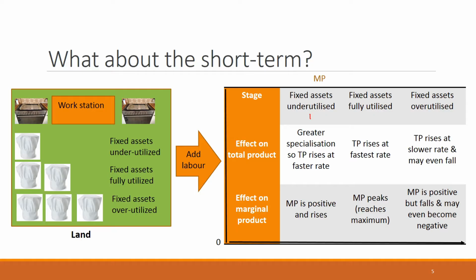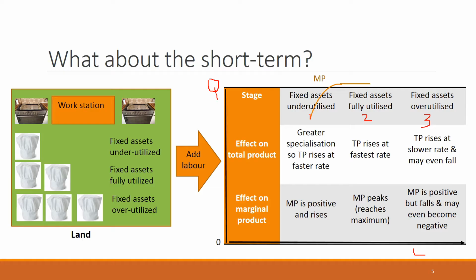So we're going to move from stage 1 to stage 2 to stage 3. Here we have at low levels of the variable factors, and here we have of course labor, here we have output, labor and output. So as we are at the first stage here, where fixed factors are underutilized, when we increase the amount of labor, the marginal product will rise, as we saw in the previous slide.